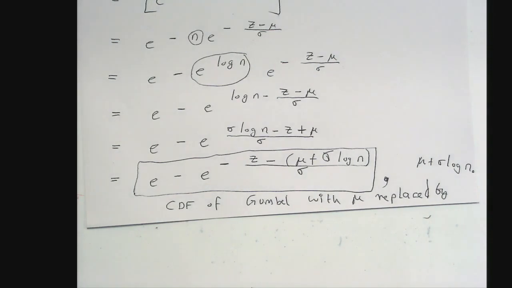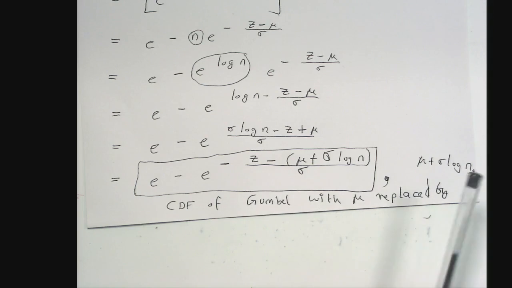Yes? No? So what you have here, guys, is the same as the Gumbel CDF, or the CDF of the Gumbel distribution, with mu replaced by mu plus sigma log n. So therefore, the conclusion is that the max of x1 to xn must have a Gumbel distribution with mu replaced by mu plus sigma log n.